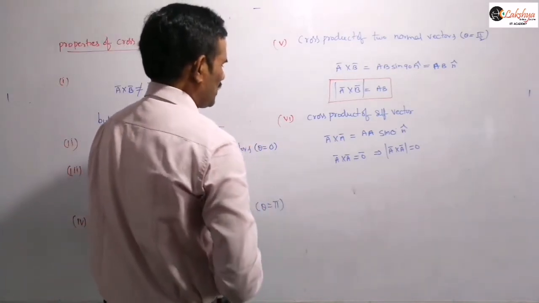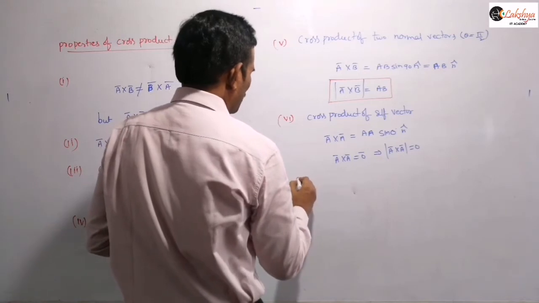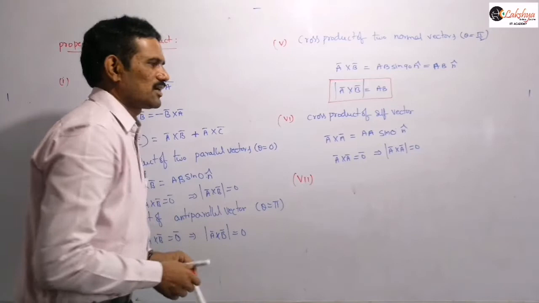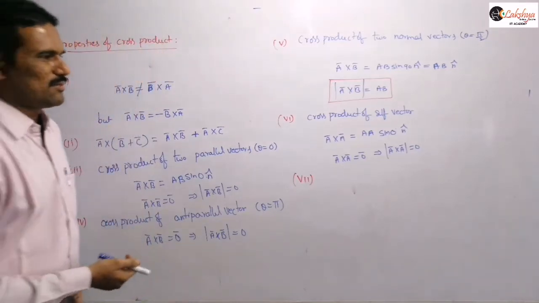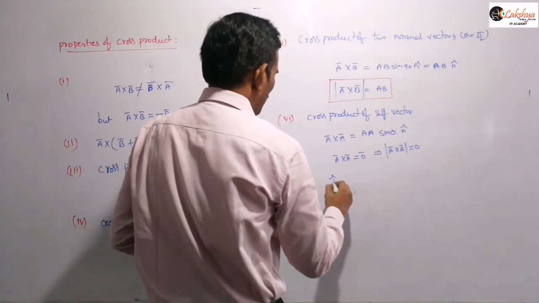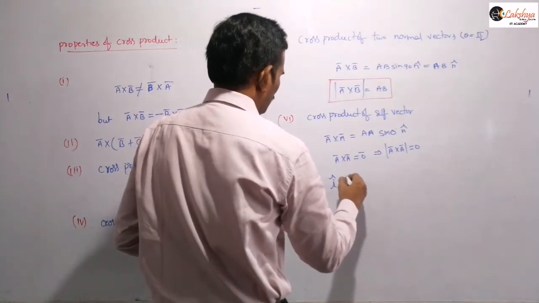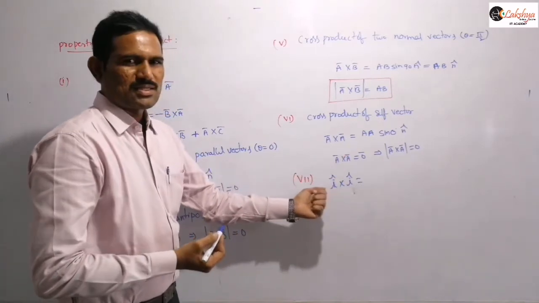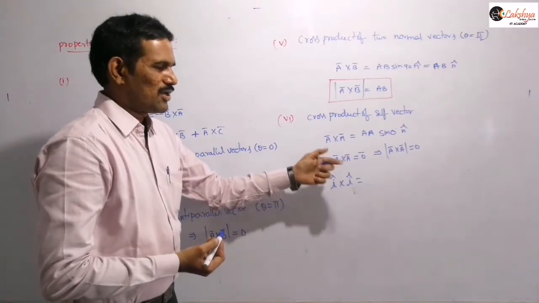And based on this we can write the cross product of basic unit vectors now. If I write i cap cross i cap, then according to this you can directly answer it as 0. It may be a bar or any other vector.